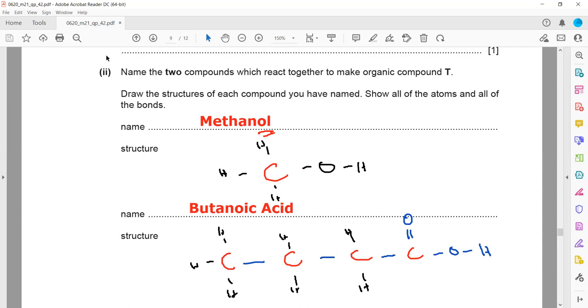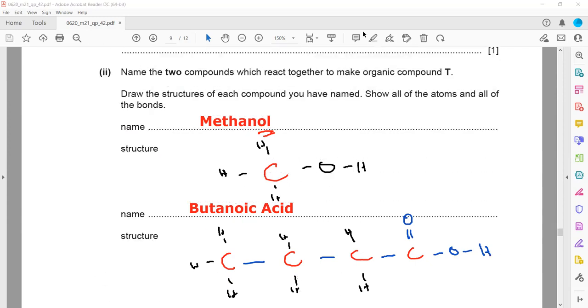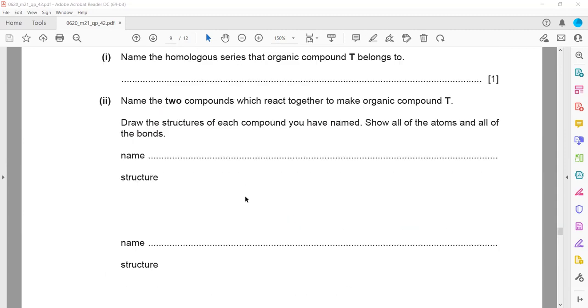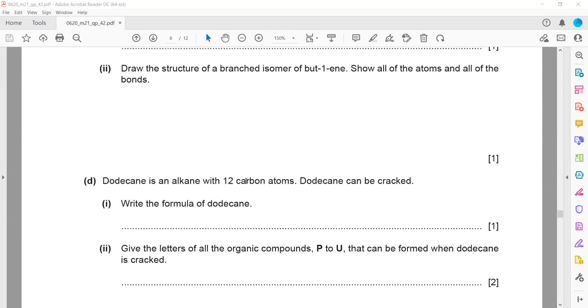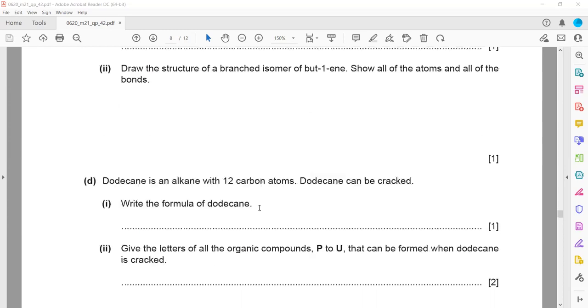Then the last part, we have to deduce the molecular formula of T. How to deduce the molecular formula of compound T? The molecular formula represents the actual number of atoms. So for methyl butanoate, what is the structure?